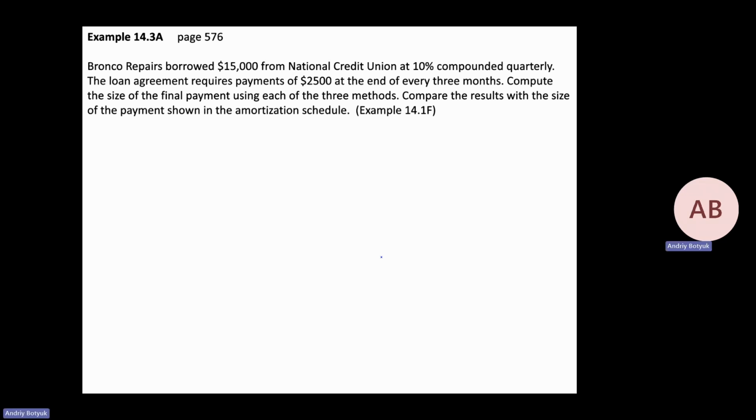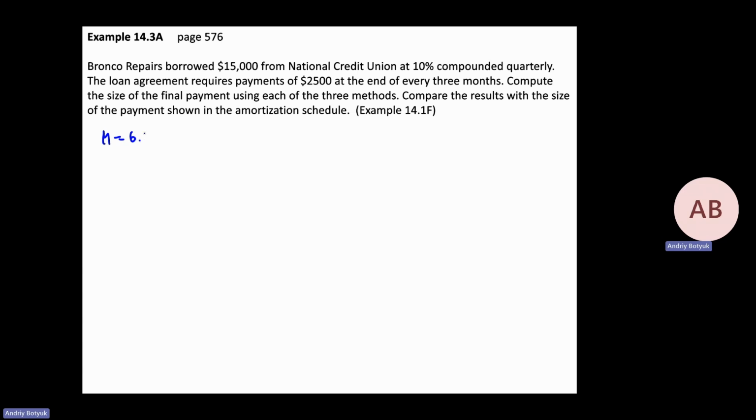Let's do it. Let's find n. So what do we do? End of every 3 months, so quarterly. Nice and easy, right? So 10 IY, 15,000 present value, 2,500 payment, compute n.